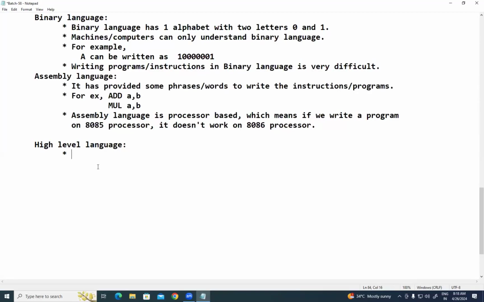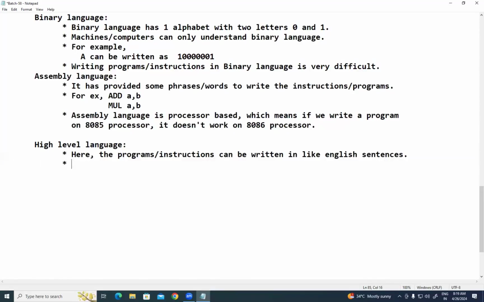Tell me, folks, in a high level language, what can we do? Here the programs or instructions can be written in English, like English sentences.